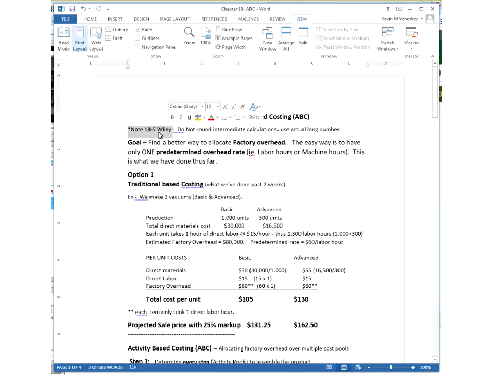We're going to look at Wiley 18-5 kind of briefly, but what I wanted to draw your attention to is, when it tells you to round the intermediate calculations to 2 decimal places, I found it very well could count you wrong if you do that.